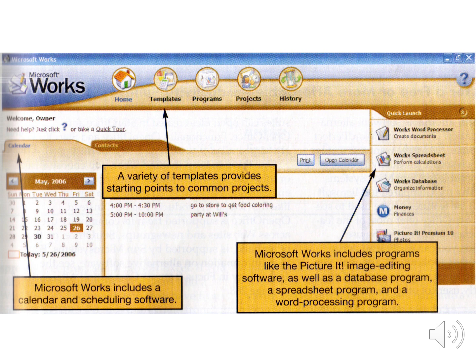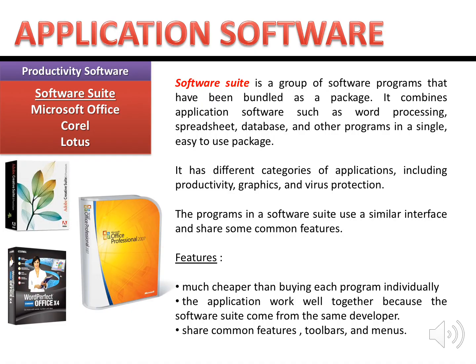If you want to update the version, you have to update Microsoft Works. Compared to Microsoft Office, yes, you can update it individually because each software is a full version, even though they are in one package, in one group. So this is an example of a software suite, which is Microsoft Office.